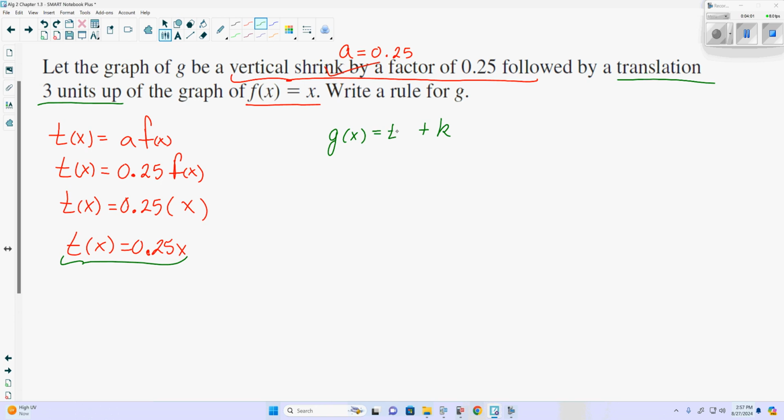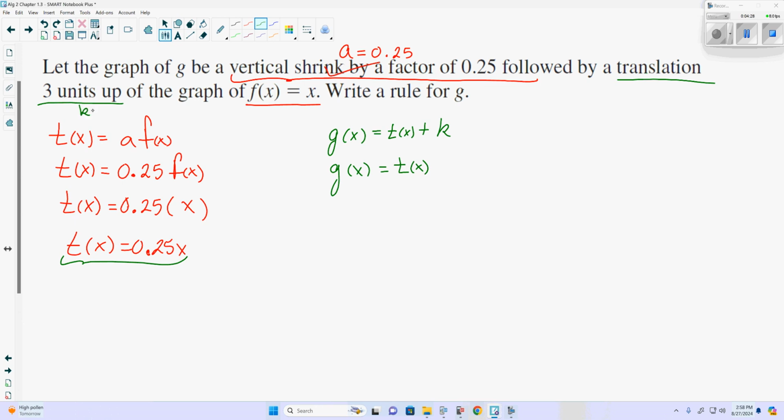Now we're going to apply this next one to T of x. Because we used f of x in all our general forms because we were applying that transformation to f of x. Now we're applying this next one to T of x. And again, f of x, T of x, it's just a way to name the function.